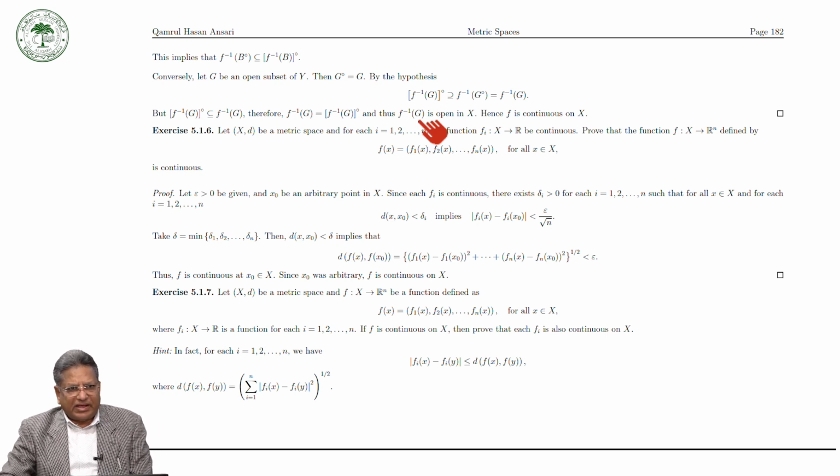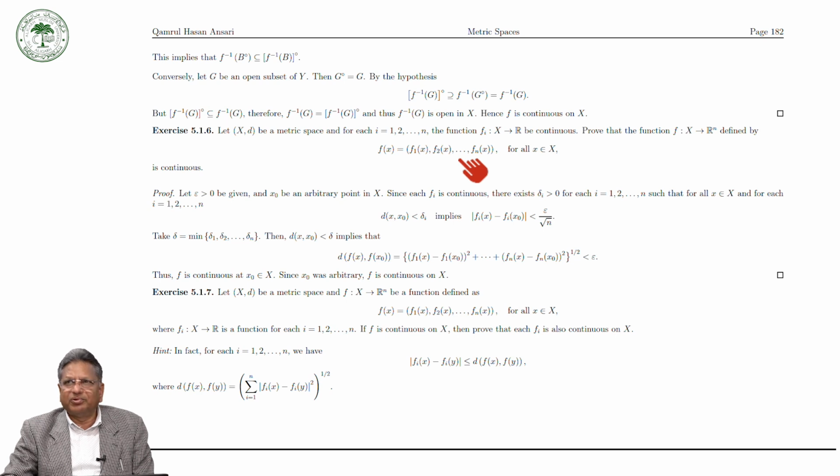Now here is: let X be a metric space, and for each i from 1 to n, the f_i are continuous functions from the metric space X to R. Then prove that the function f defined from the metric space X to R^n by f(x) = (f1(x), f2(x), ..., fn(x)) is also continuous.